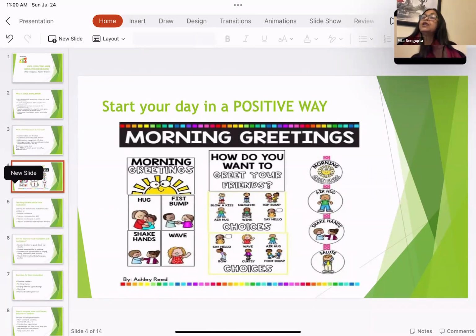So if you can keep them, or just copy it and keep this poster in your classroom right by the door, or at a focal point where children can come and look at it, and you can tell them, which one would you like to choose this morning? And they would be very happy to let their choice be known, and they will be happily applying it.